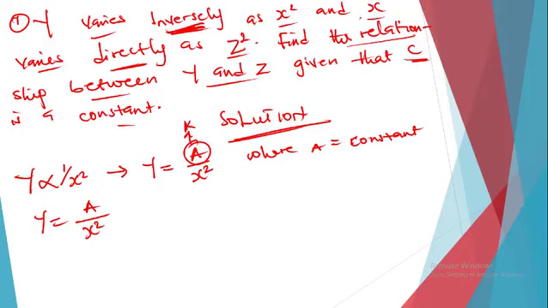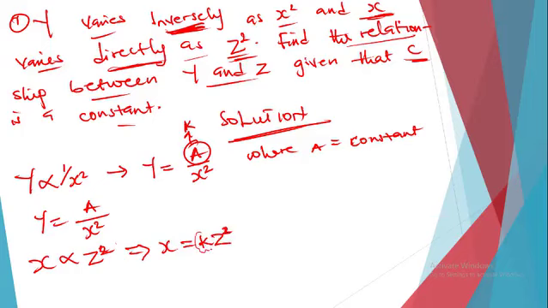Similarly, we are told that x varies directly as z squared, and this means that x is equal to kz squared. But in this example I want us to use b in place of k. So therefore x is equal to bz squared.